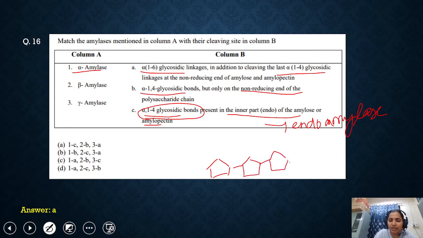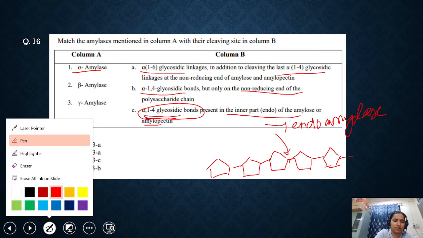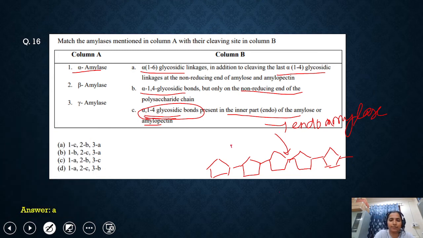I'm making a very rough diagram, so don't go by the figure. This alpha amylase usually breaks the alpha 1,4 glycosidic bond present in the inner part, not at the corner one. This won't break this bond.